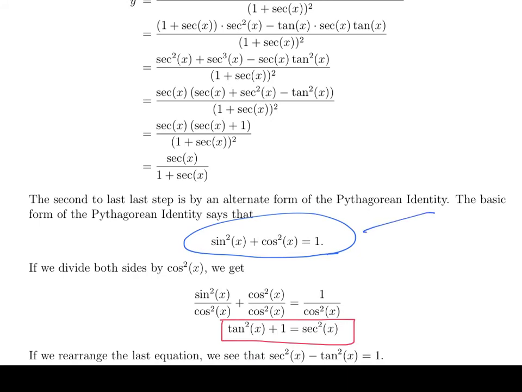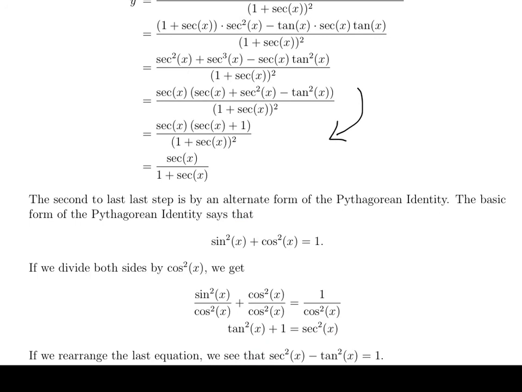This is a really basic identity, and it's one of the 3 trig identities I know. It's the one you absolutely have to know in order to get by. So at this point, we've explained this step: how we turned secant squared x minus tangent squared x into 1.